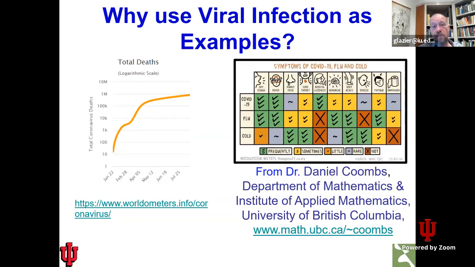So the main reason we're going to focus on viruses in this class is the fact that the world has ended. And I think that viruses are of relevance probably to almost everybody. If you look at the death in the United States from COVID, it's an interesting curve.